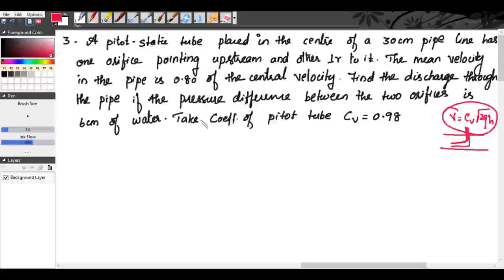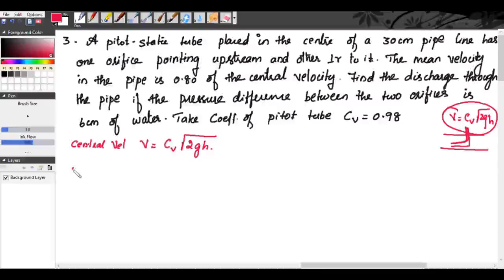Find the discharge through the pipe if the pressure difference between the two orifices is 6 centimeter of water. Take coefficient of Pitot tube, CV, equal to 0.98. Okay, now we know the central velocity V is equal to CV into root of 2gh.